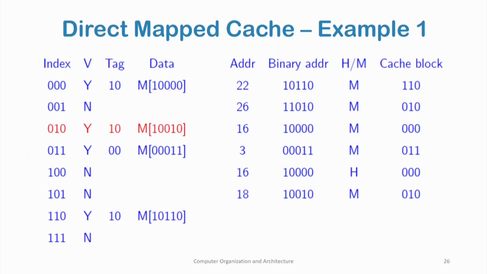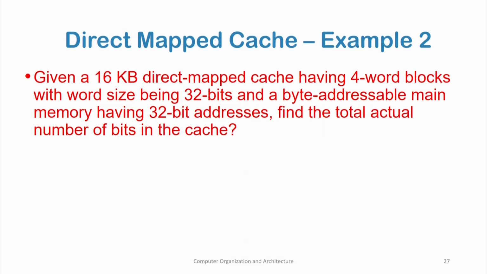After that, when we access 18, we see that the line is 010. When we have 010, we already had 26 previously in this position, which had the tag 11.